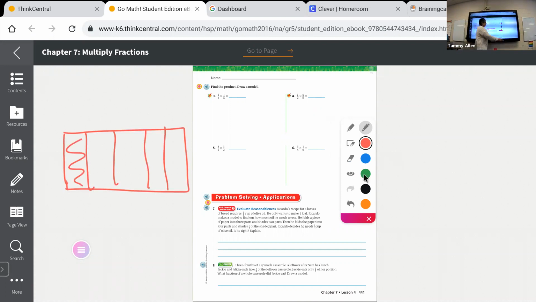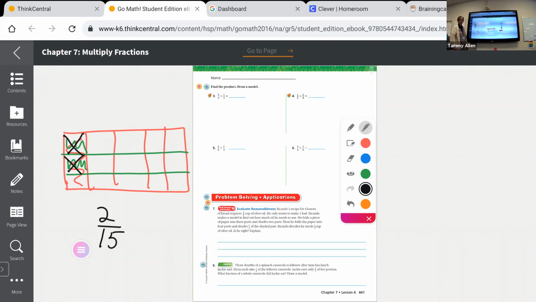How do we show 2/3 of that? How many are double shaded? Out of how many total? All right. Okay, that's easy.